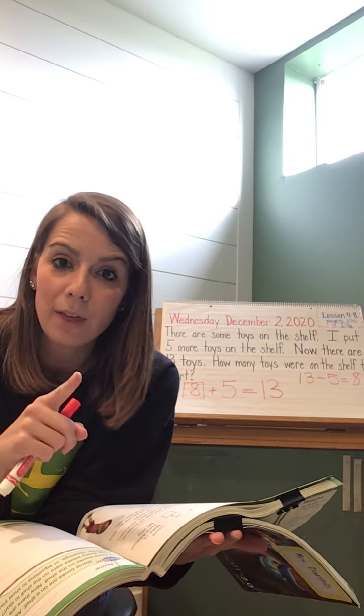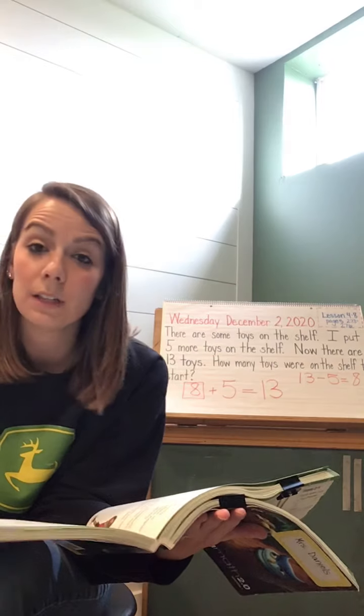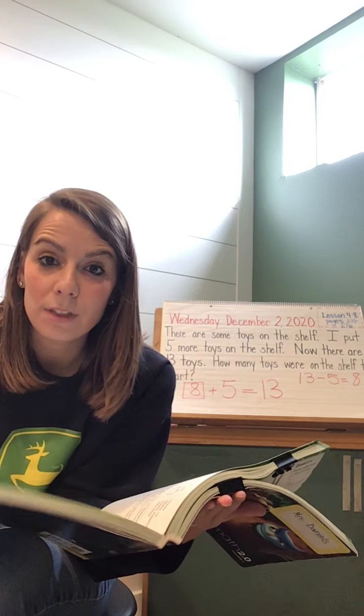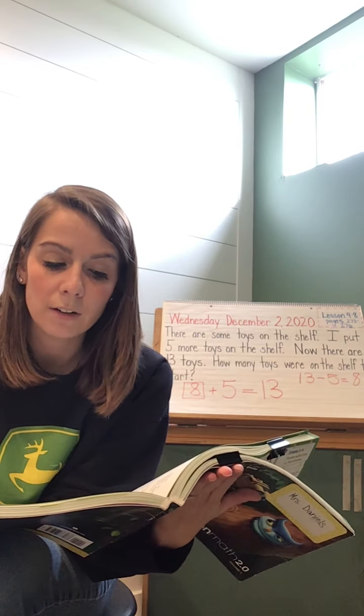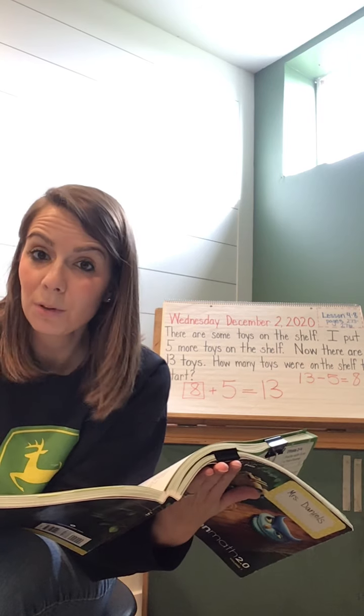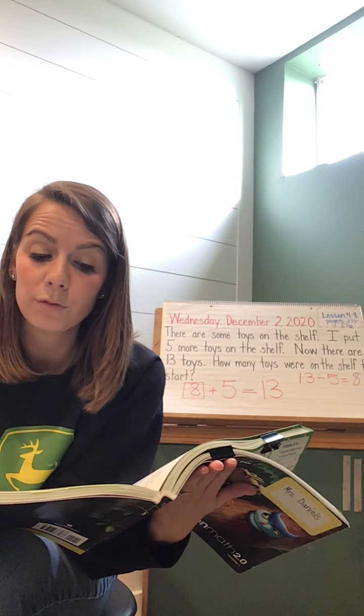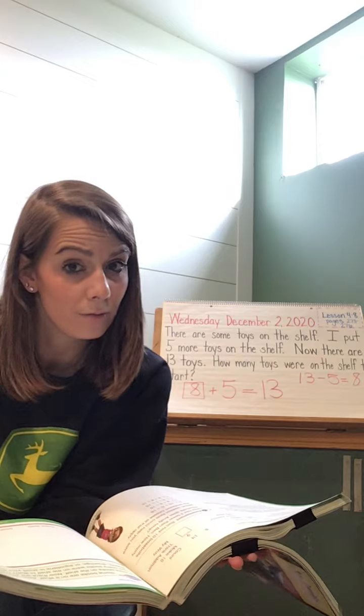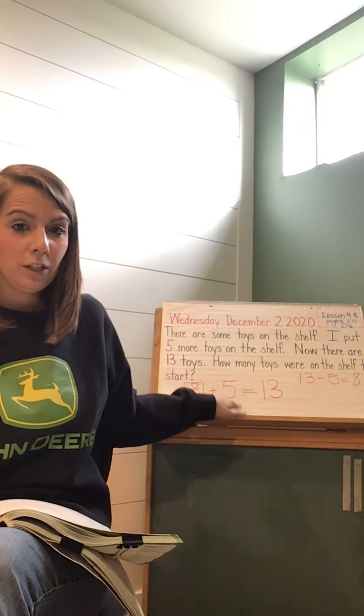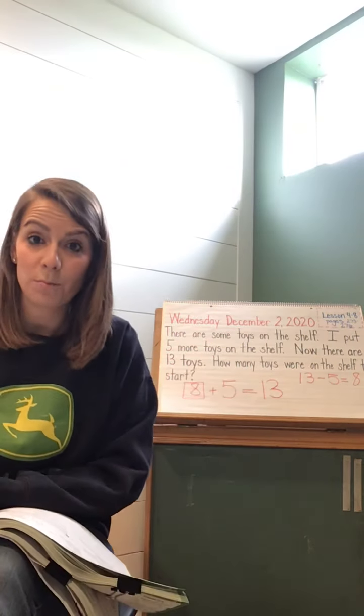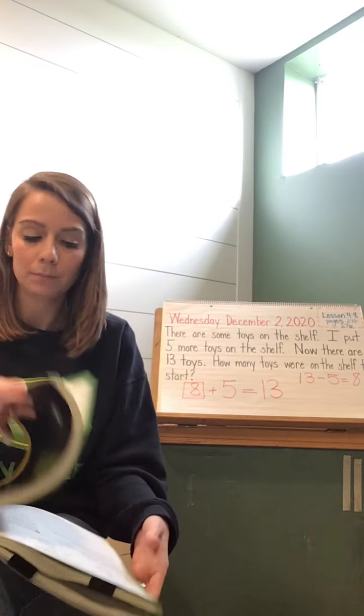So go ahead and do that on page 273. I want you to think about how you could figure that out. There were some books on a shelf, then Aiden put 4 more, and now there are 12. If you need to use what I did to help you with this first problem, go for it.